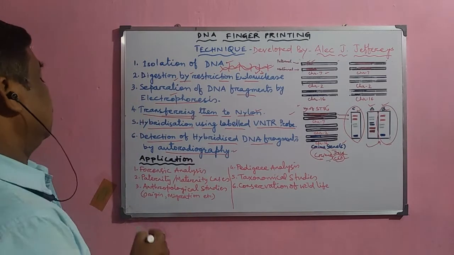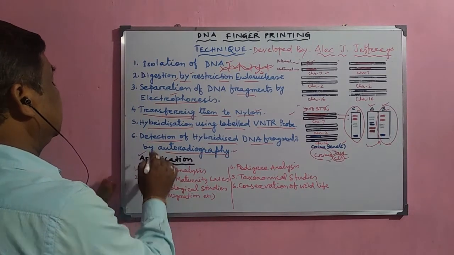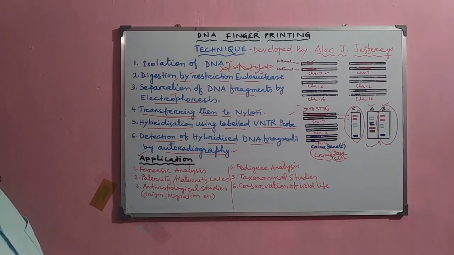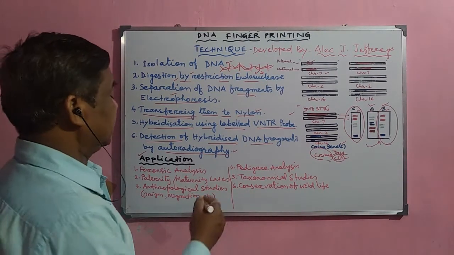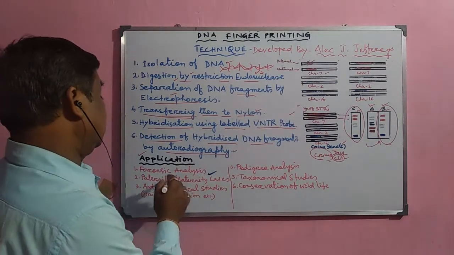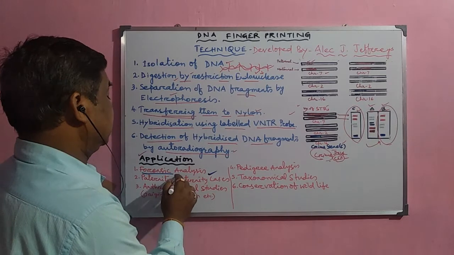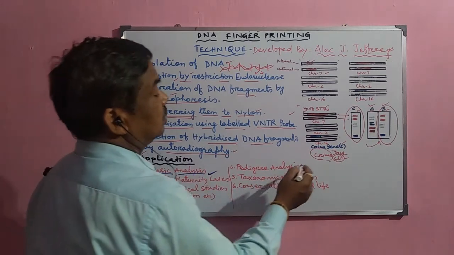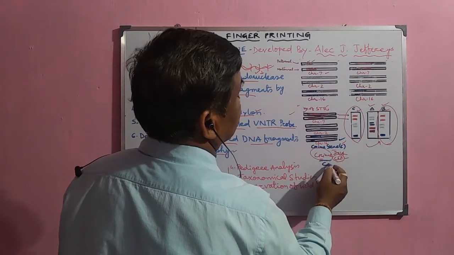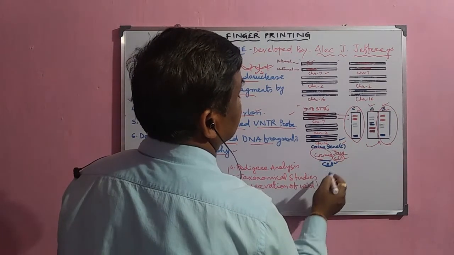Now, what are the major applications of this DNA fingerprinting? This DNA fingerprinting is normally applied in forensic analysis, as we have already discussed. In forensic analysis, suppose in a crime scene we find certain DNA material, or some cells of an individual.